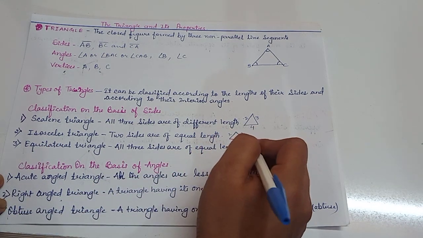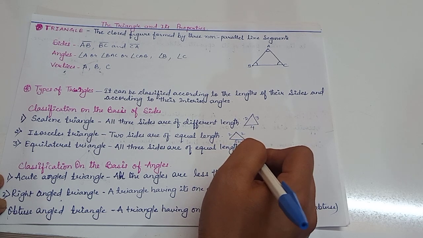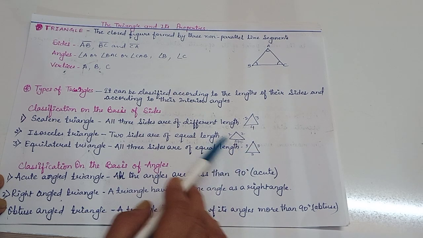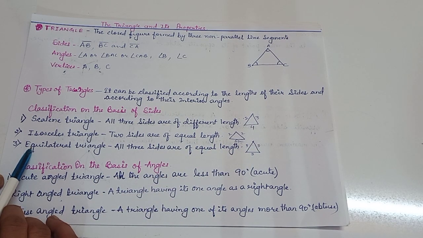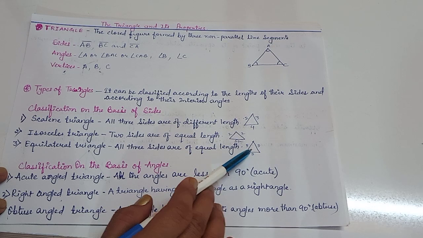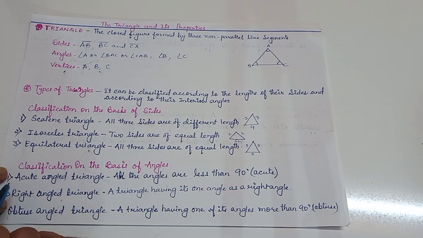Now when three sides of a triangle are equal, like here 3 centimeter, here also 3 centimeter and here also 3 centimeter, it is called an equilateral triangle. The name itself suggests: equi means equal and lateral means sides. So the triangle which has three equal sides is called an equilateral triangle.